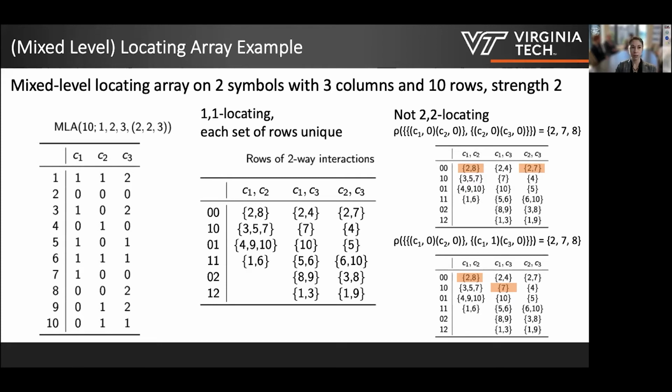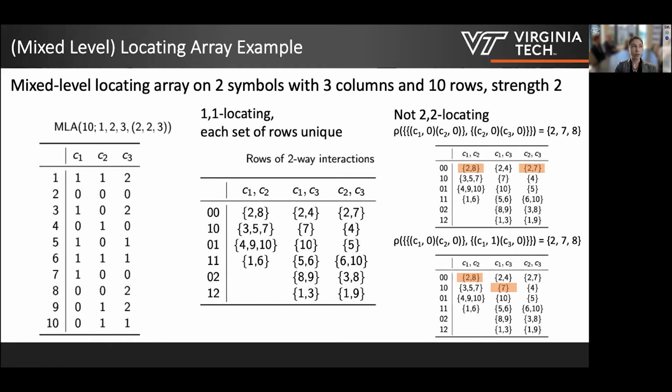And then we can look down and see that if I also form a set of two-way interactions using C1 at 0, C2 at 0, and C1 at 1, C3 at 0, I also form the set of rows 2, 7, and 8.